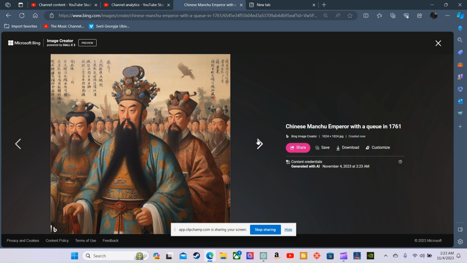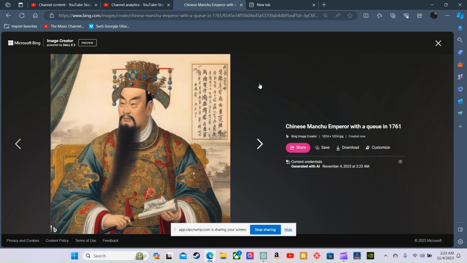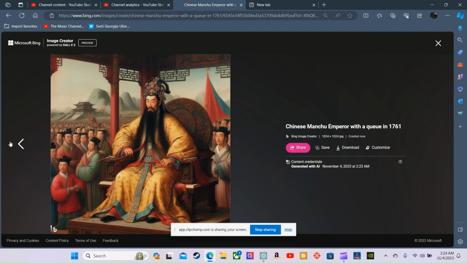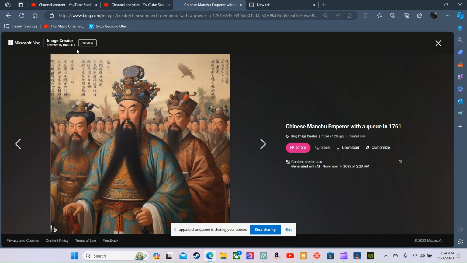But unfortunately, the AI is still giving me stereotypical views of the Chinese emperor, who was generally depicted in many, many paintings across Chinese history as being with long beards, and the Chinese emperor's crown. I mean, the Manchu dynasty's crown did not look like this at all. But one thing it does get right is the Chinese calligraphy, the texts, and it really understands that.